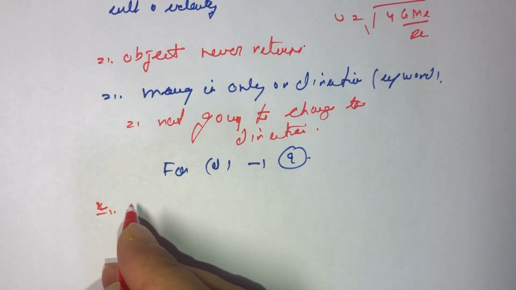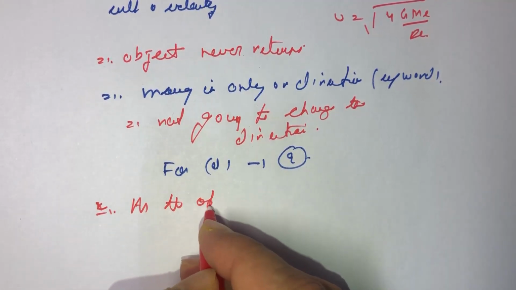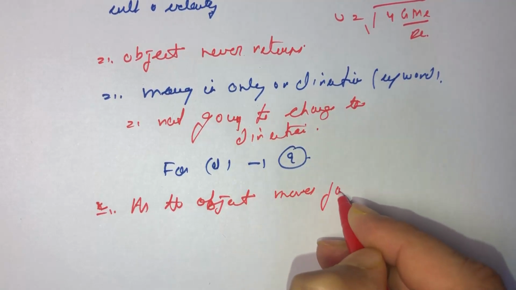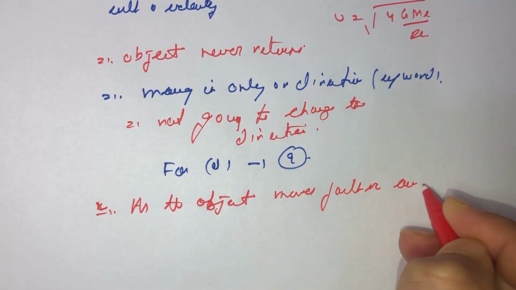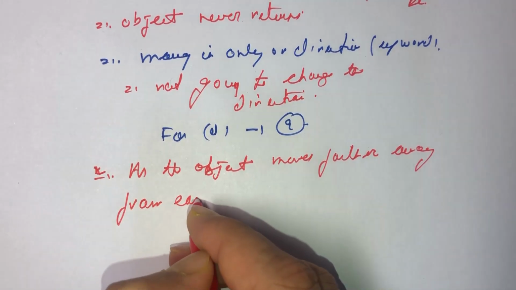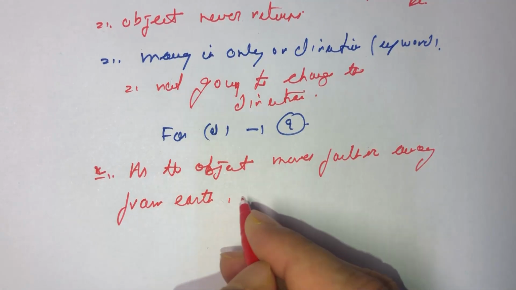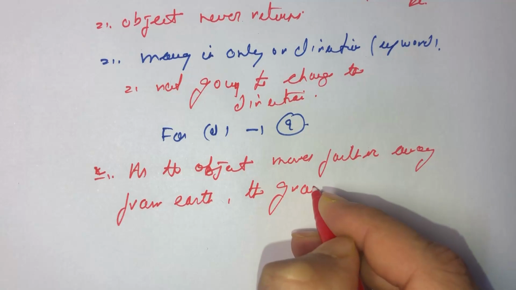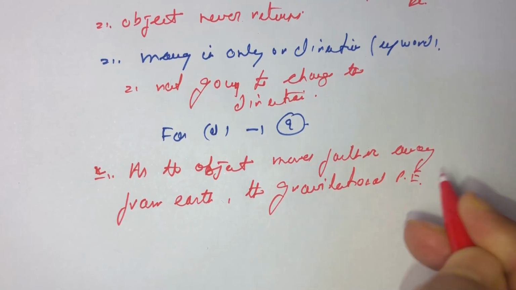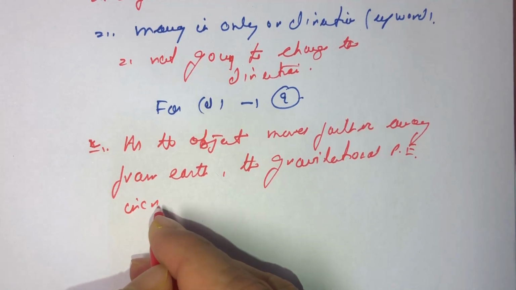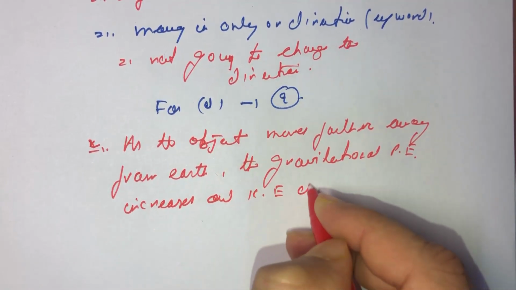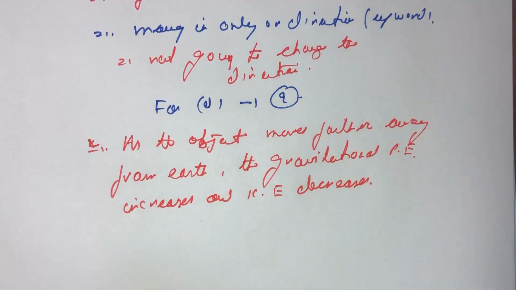So we know that as the object moves further away from Earth, gravitational potential energy increases and kinetic energy decreases.